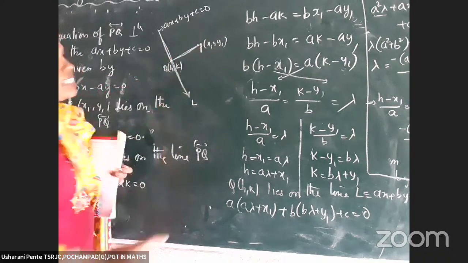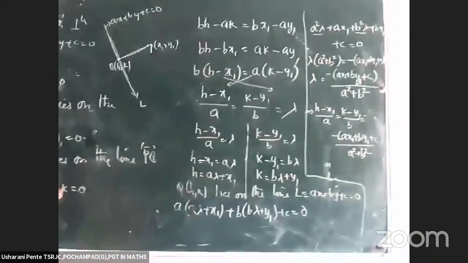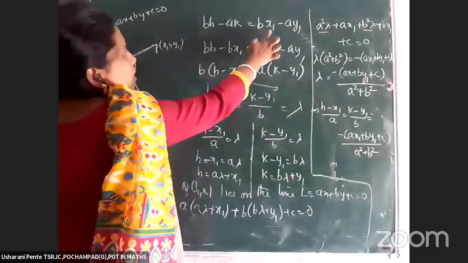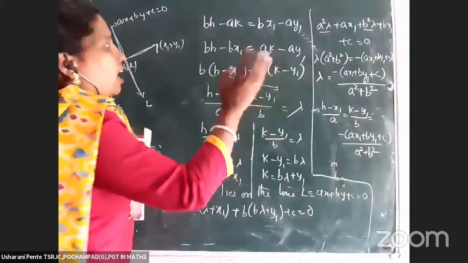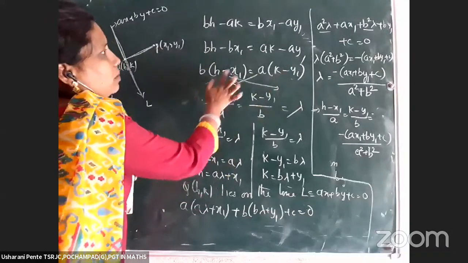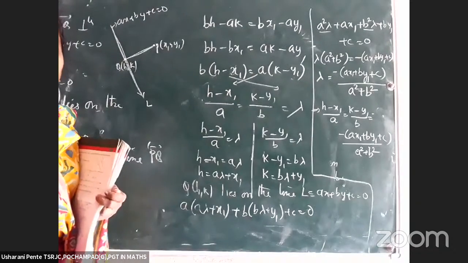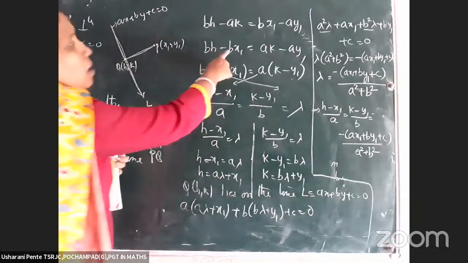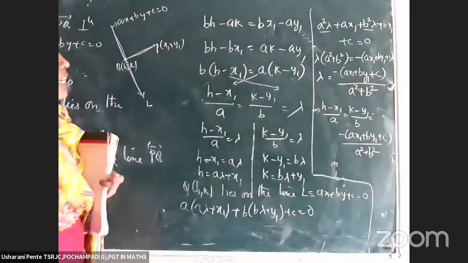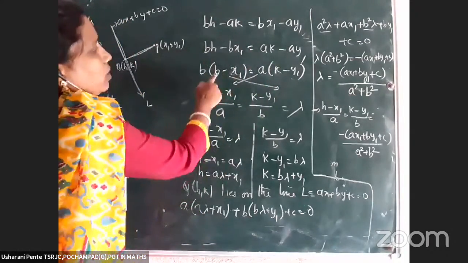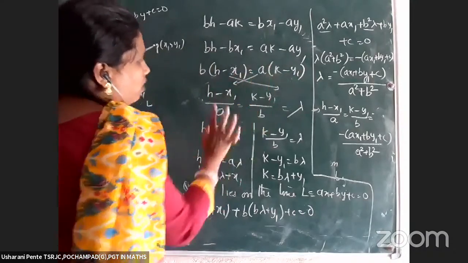So bh minus ak is equal to b x1 minus a y1. Minus b x1 is equal to ak minus a y1. Take b common, h minus x1, and take a common, k minus y1.